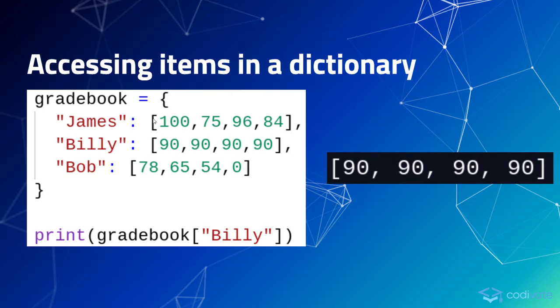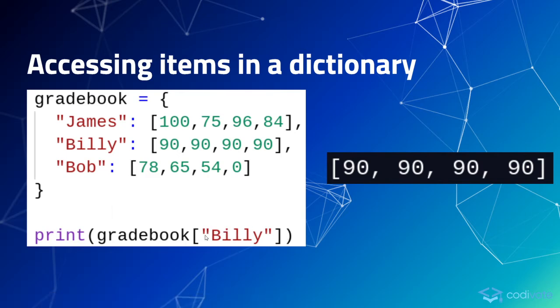So, if we wanted to access something inside a dictionary, this is the syntax for how to do it. Let's say we wanted to access Billy's list of grades. Let's take a look at this syntax here. We use the name of the dictionary, followed by square brackets, and inside those square brackets, we specify the key name.